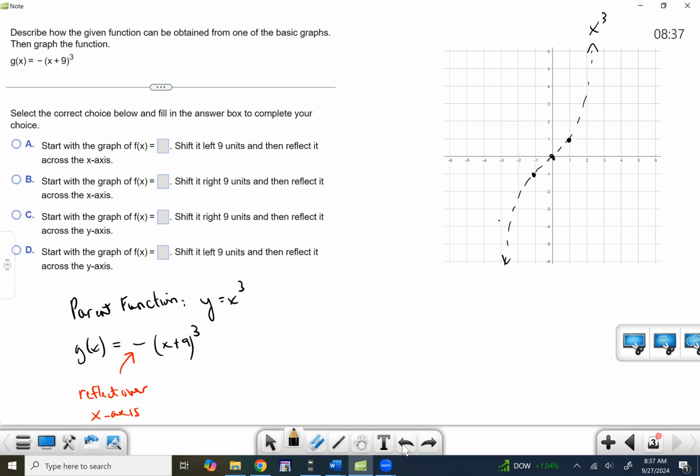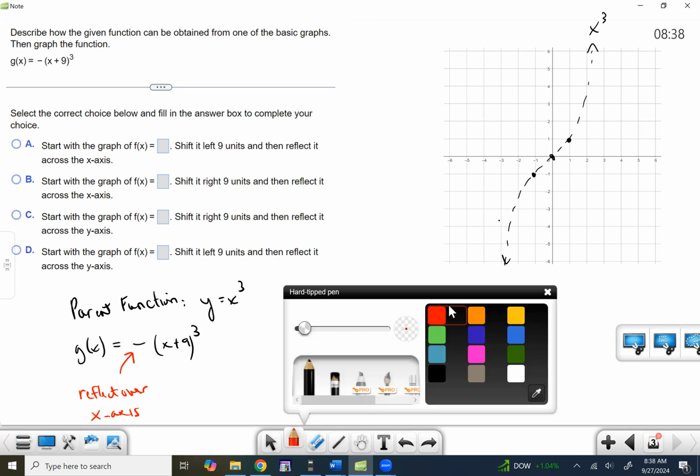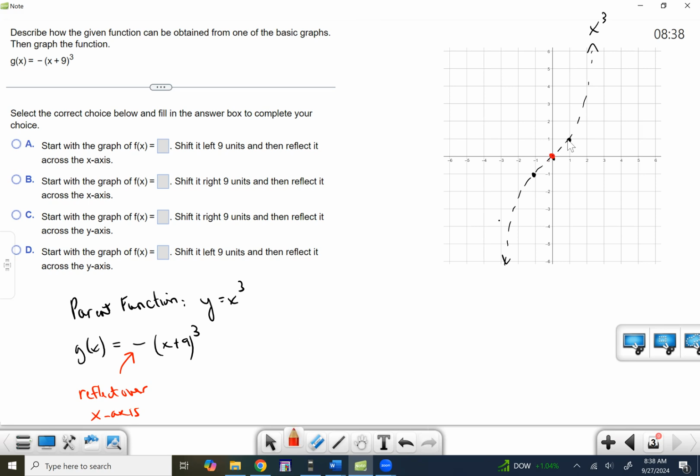Okay, so we want to know what we're doing to it. Well, we're going to reflect it over the x-axis. So 0 will stay. This one above the x-axis will come down below, and this one below will go above. So there's our reflection across the x-axis. So this can be thought of as negative x cubed.